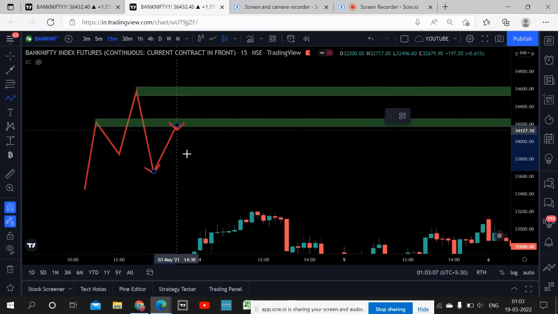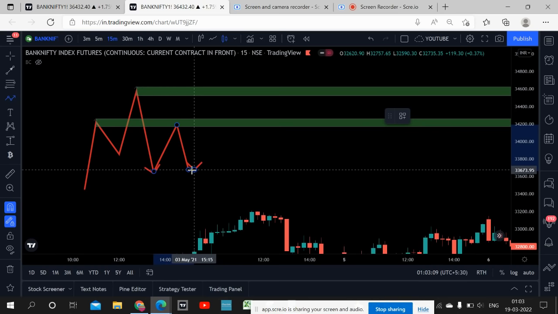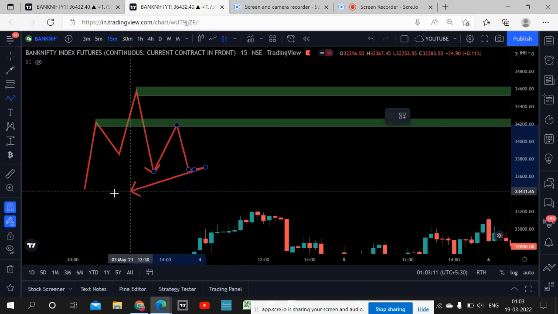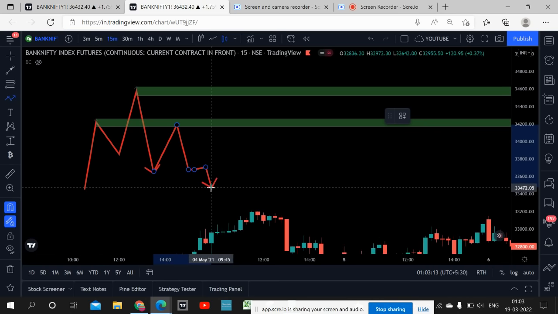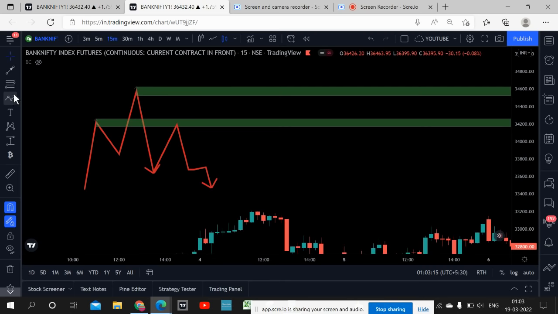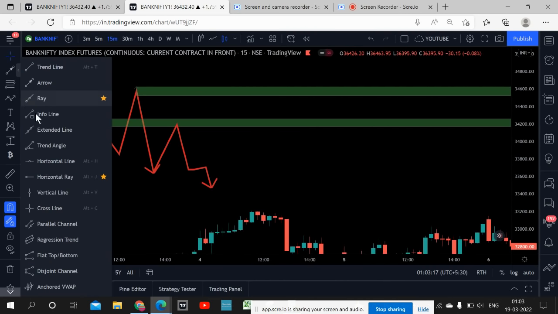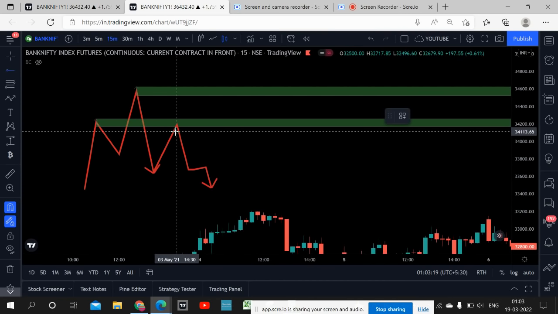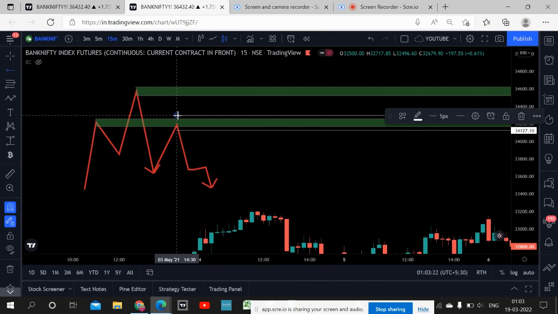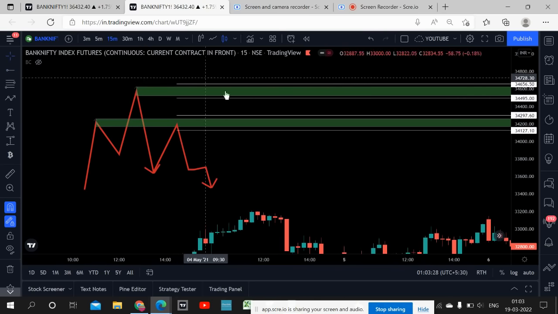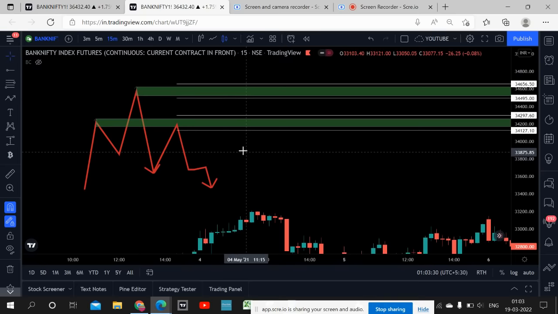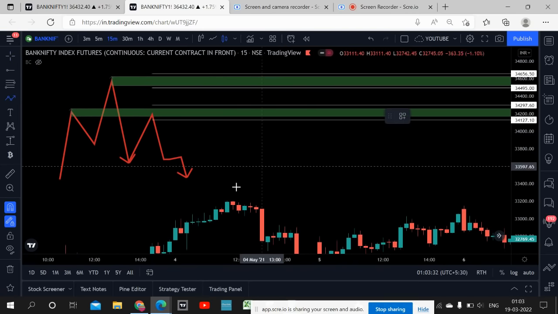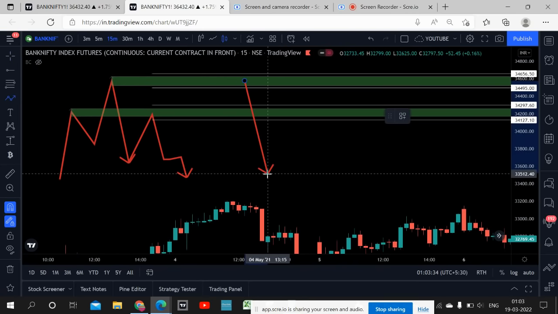After taking the trade, this will be your first target and your second target will be the previous low. This will be your entry point and this will be your stop loss. This is how you should look for the pattern for a sell, and for a buy it will be like this.